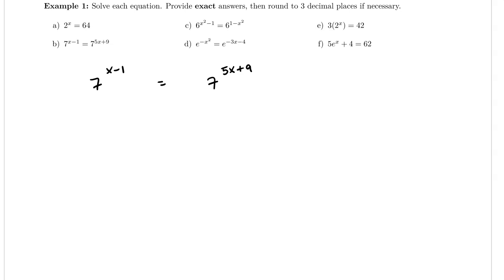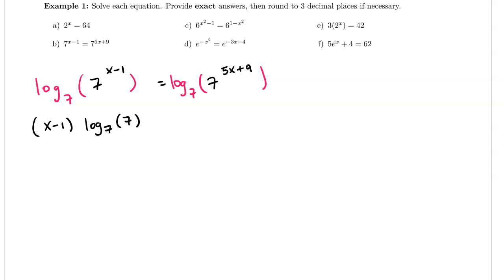If I wanted to, I can apply log base 7, or really any log base, but 7 is going to make it easier, because if I were to use the power rule, I could bring out x minus 1, and then I'd have log base 7 of 7, and this is equal to 1 by definition. And then similarly here, I could bring out 5x plus 9 times log base 7 of 7, and again, this is equal to 1. So that's how logarithms are related too. We could apply it to both sides. We would get the exact same answer.